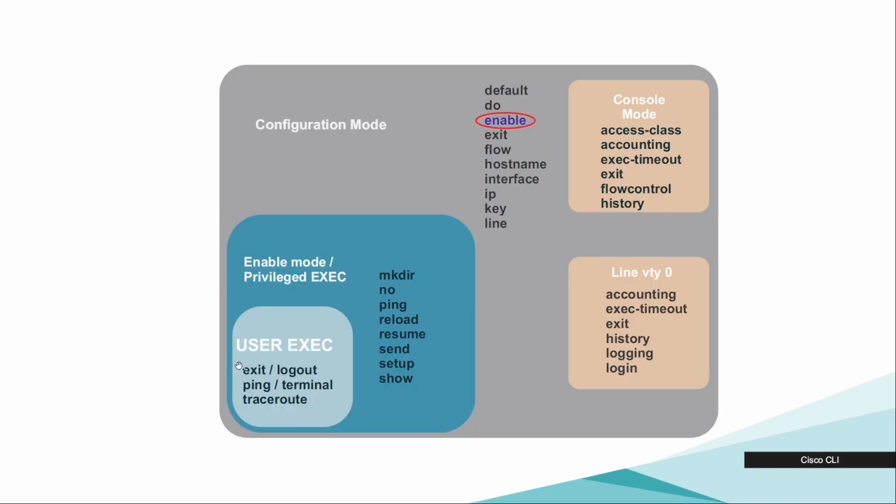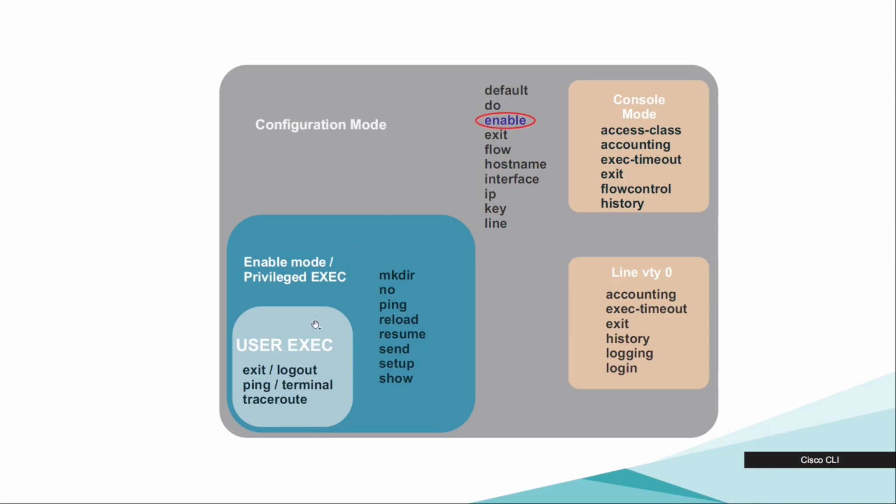Those are some examples of the commands that we can use in each one of those modes. In the user exec mode, we can use exit, logout, ping, terminal, and traceroute. In the enable mode, the most important command we will see is show. In the configuration mode, we can use one of those commands. If you notice here, we have the word enable.